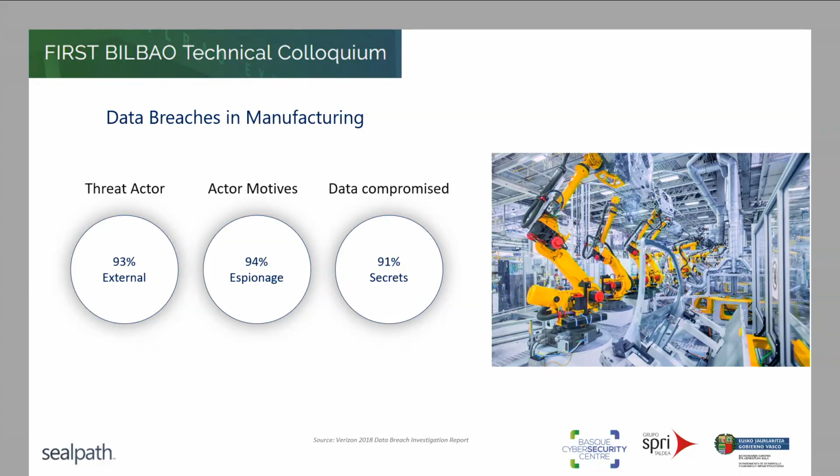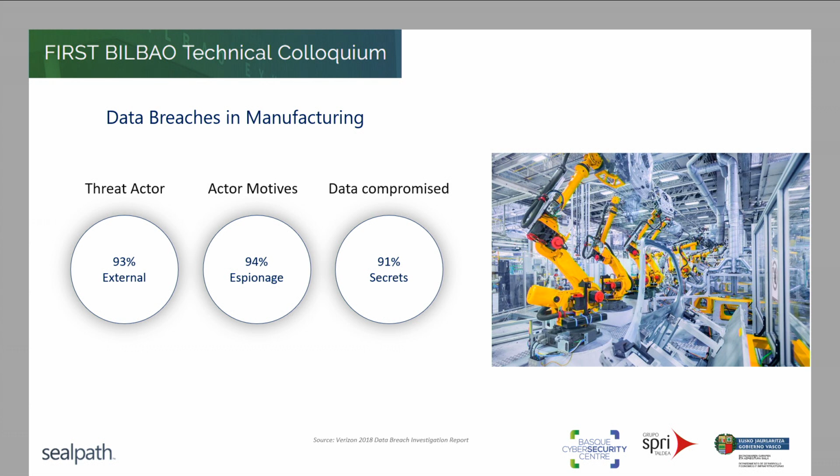This is a summary of the Verizon Data Breach Investigations Report, which tells us that in this sector the most probable cause of data breach is external, and it's motivated by espionage. What others may want to get from an industrial company is the intellectual property, because they are, for example, doing the same thing, and they want to sell it to other companies.